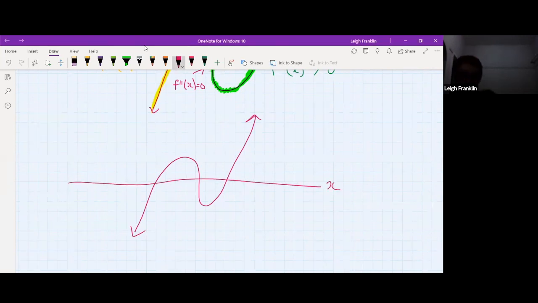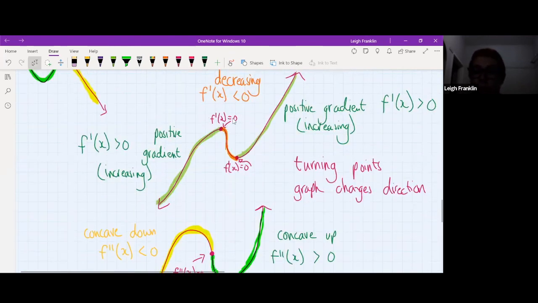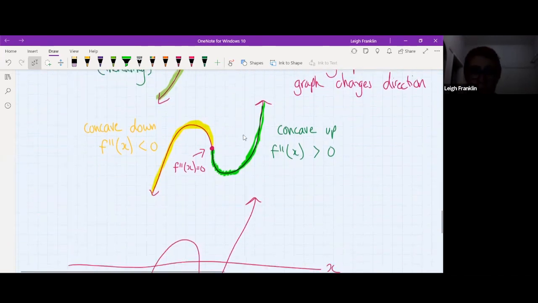The other thing they can get you to look at is f prime x equals 0, or f prime x is greater than 0, or f prime x is smaller than 0. So that's gradient. Then we can look at concavity, which is your second derivative.